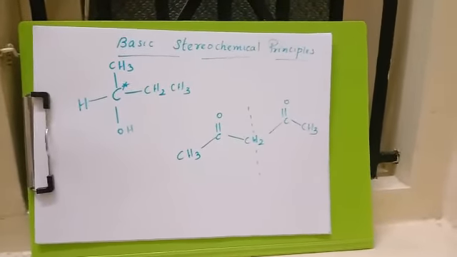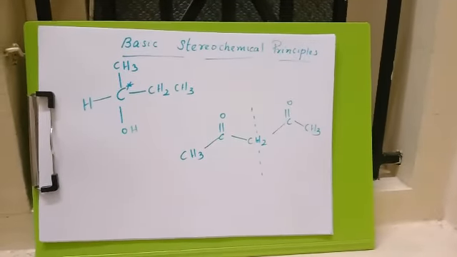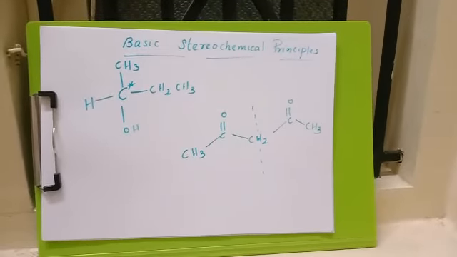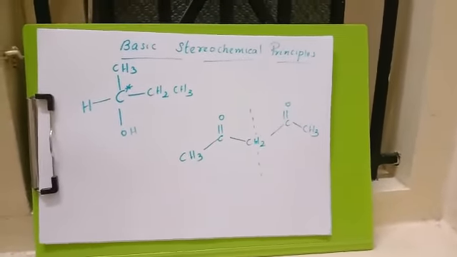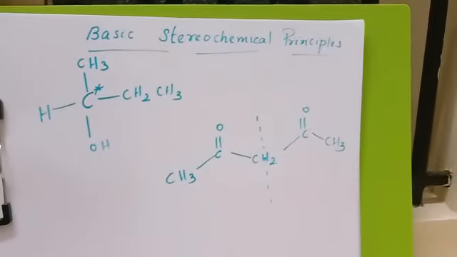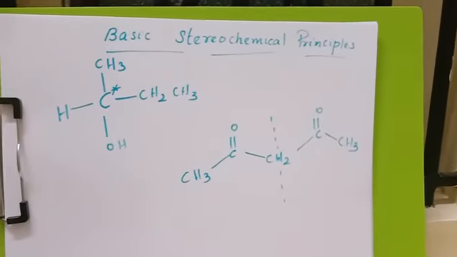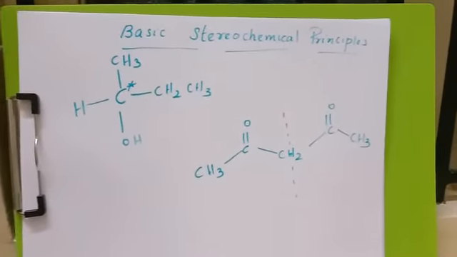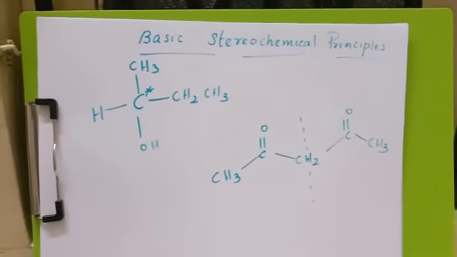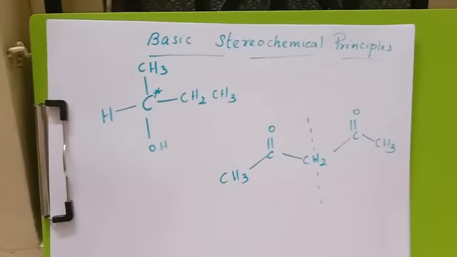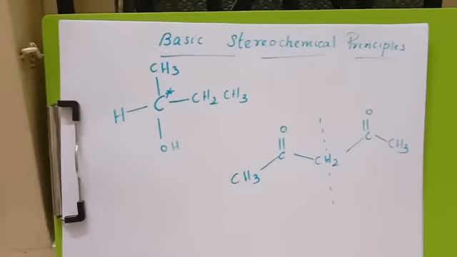For example, our hands. Our left hand and right hand look similar, but if we try to superimpose them by putting one on the other, we cannot. So the hands are chiral.